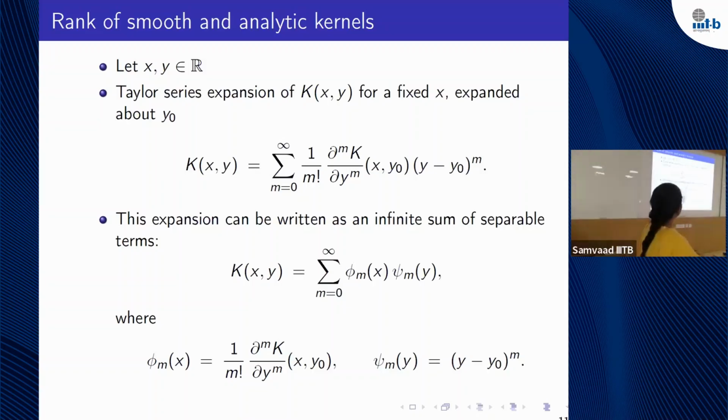So I can therefore write this as a summation over m equal to 0 to infinity, of some phi m function which only depends on x, and some psi m function which only depends on y. So I have phi m of x multiplied with psi m of y, and I have infinite such terms.